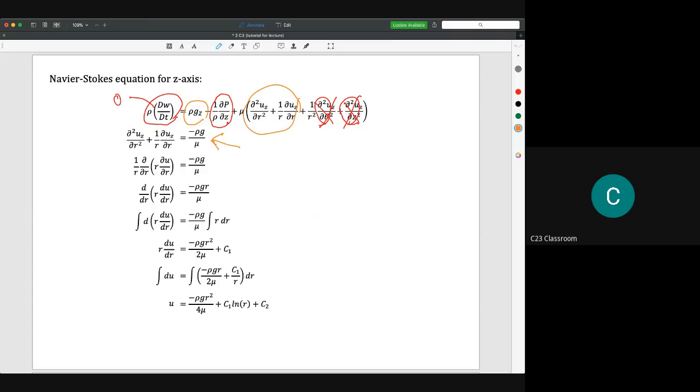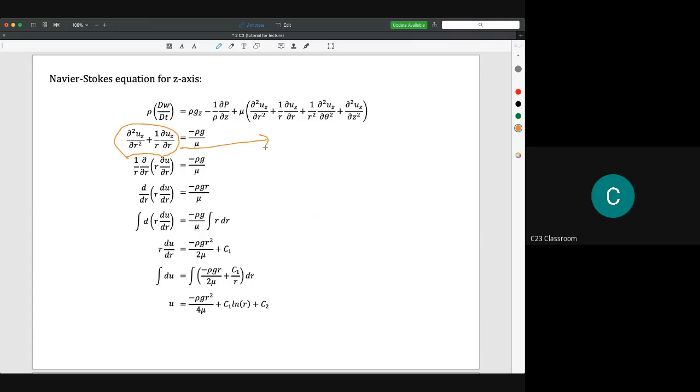But actually there is a trick here. Normally we could integrate two times, because we have d square u over dr square, but now we have another term of 1 over r here. So it is not easy to do this, but the trick is we could use the idea of partial differential.